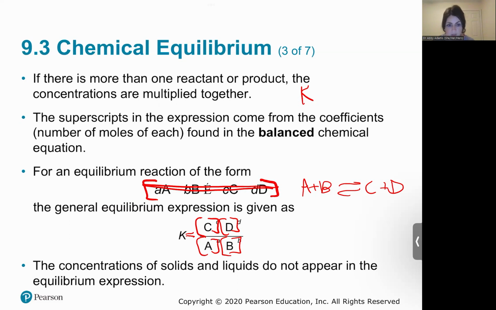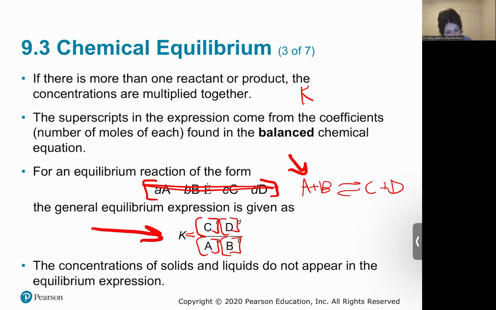So for an equilibrium reaction, that's going to look like this. If you're trying to find the equilibrium, you would use a similar formula that you will find on your blue PowerPoint slide.